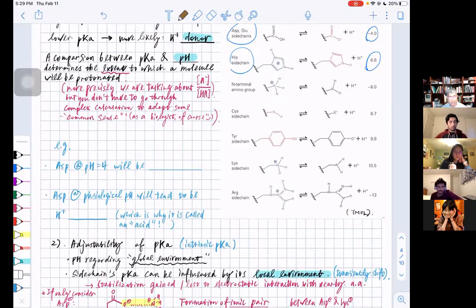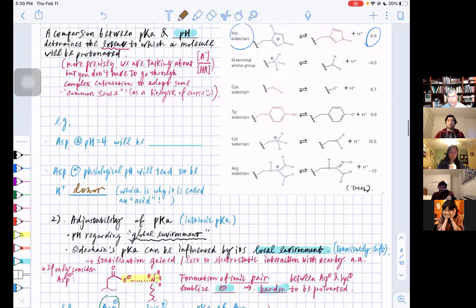Whereas aspartate under the physiological pH of roughly 7 will tend to be a proton donor, because pH 7 is higher than its pKa, right? So that's also why sometimes we hear it called aspartic acid, because it's a proton donor.